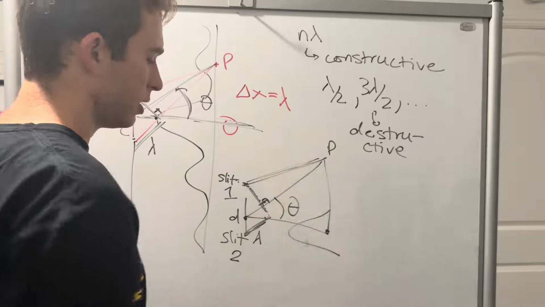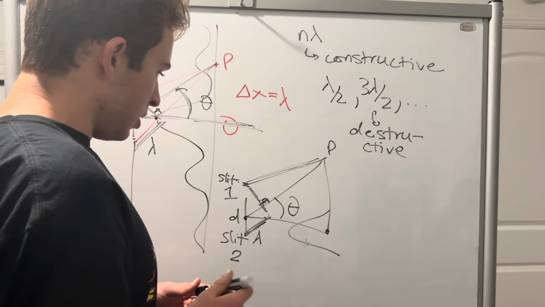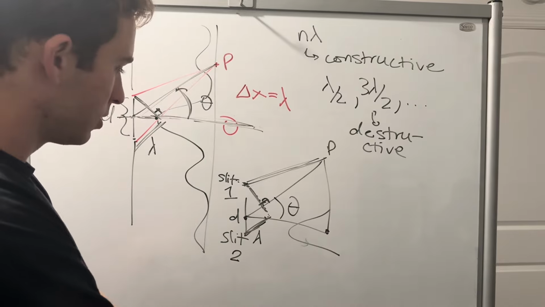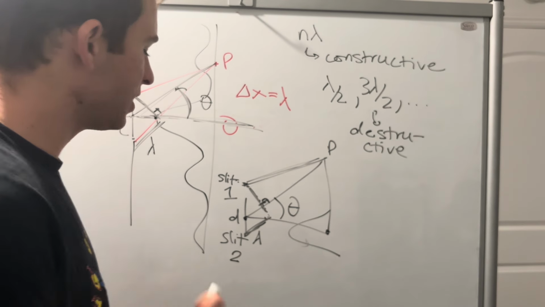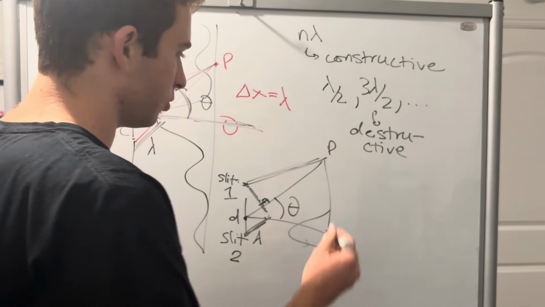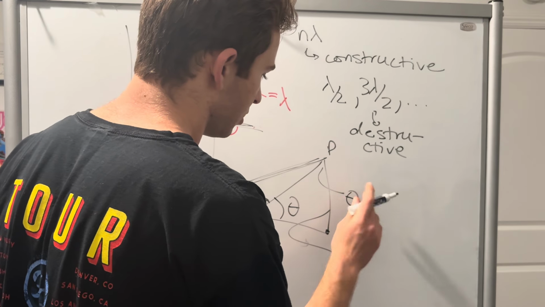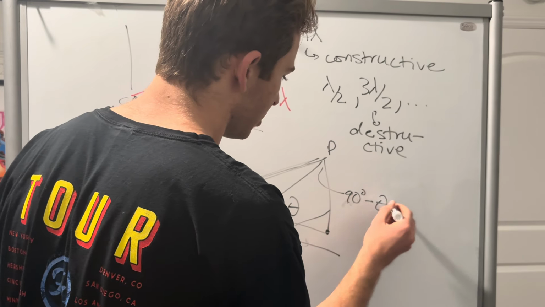Now, if you think about it, this triangle here, let's see. If this angle here is theta, then this angle here is obviously 90 degrees minus theta.